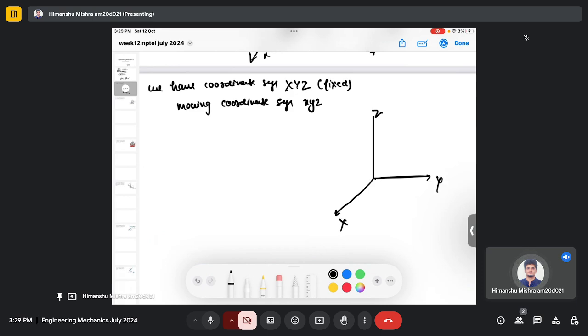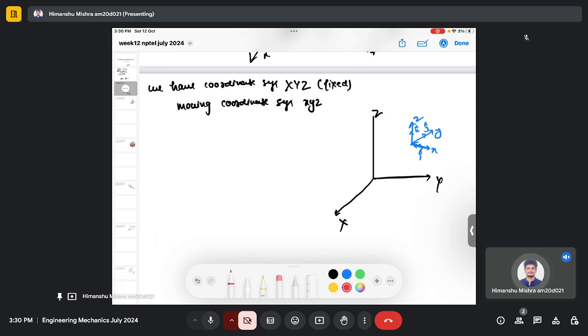So this is my fixed coordinate system, and this is the moving coordinate system. Here it is i cap, j cap, k cap.